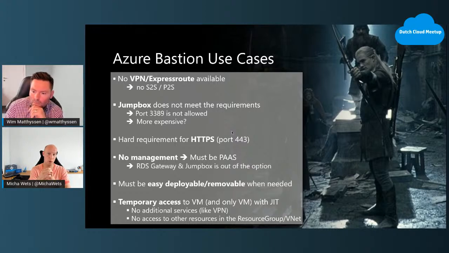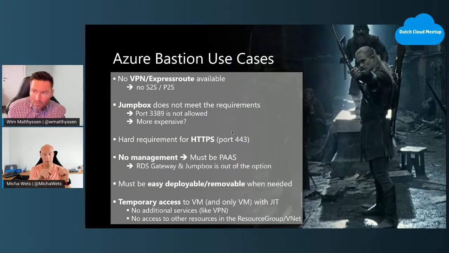Also, if a Jumpbox doesn't meet your security requirements, like 3389 is not allowed on your NSGs or Azure Firewall, or if it's too expensive to maintain that Jumpbox, then you need to seek an alternative, of course. Also, if you have a policy within your company where 3389 is not allowed and it needs to be HTTPS, then Azure Bastion is your service.